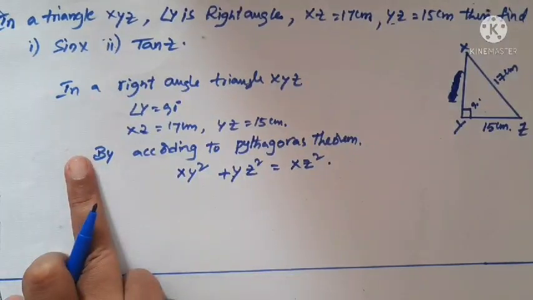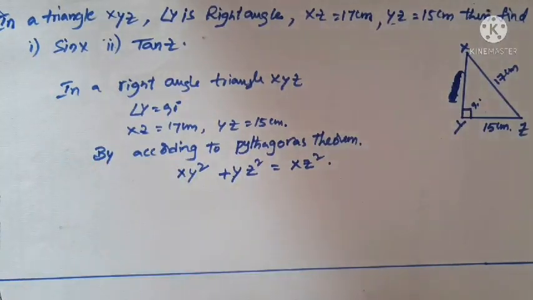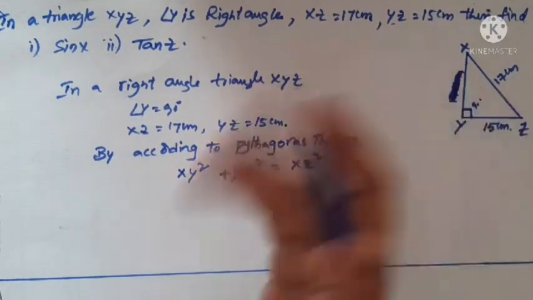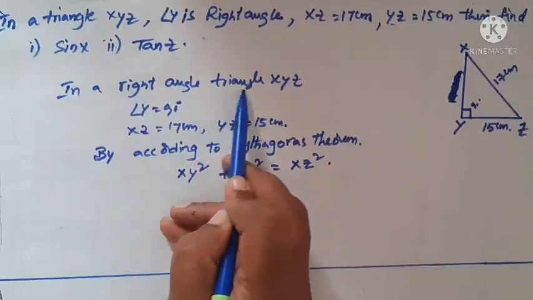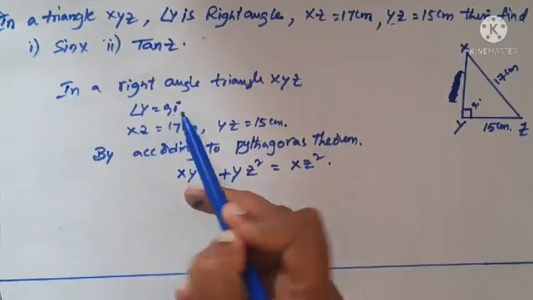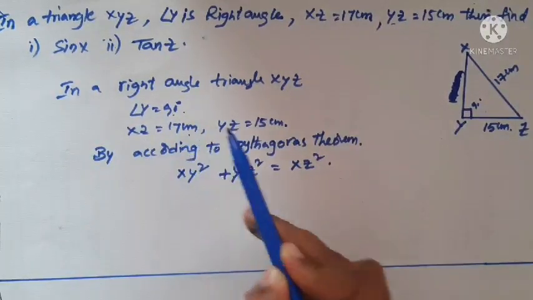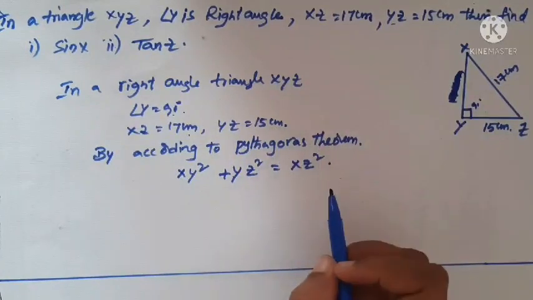Now you know that if you have all sides of a right angle triangle, then you can find all trigonometric ratios, right? So what is given in the problem? In a right angle triangle XYZ, angle Y is equal to 90 degrees, XZ is equal to 17 centimeters, YZ is equal to 15 centimeters.